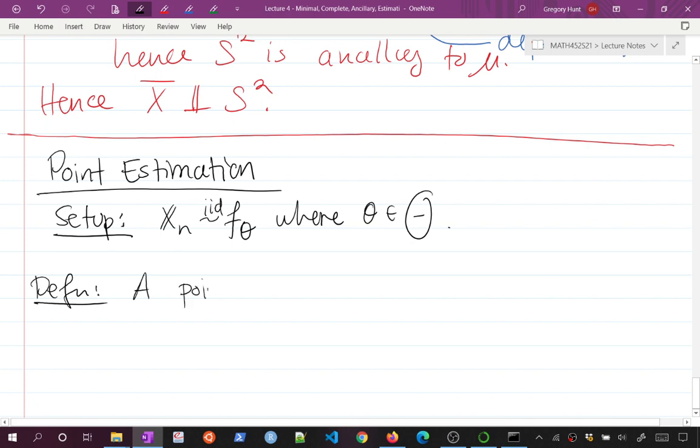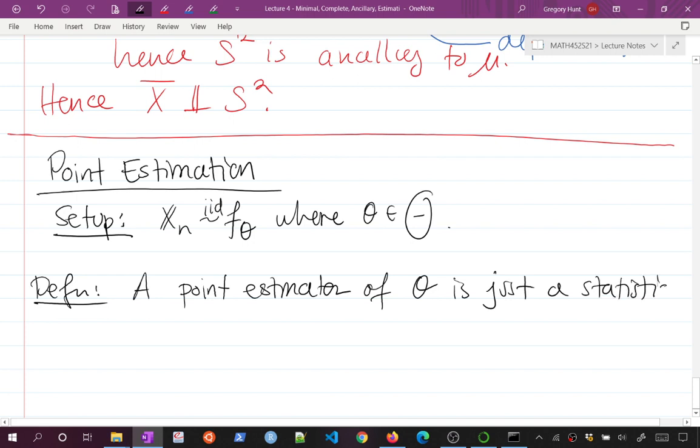A point estimator of our parameter theta is just a statistic, and typically our notation is theta hat, or theta hat of our random sample. So a point estimator is just a statistic.